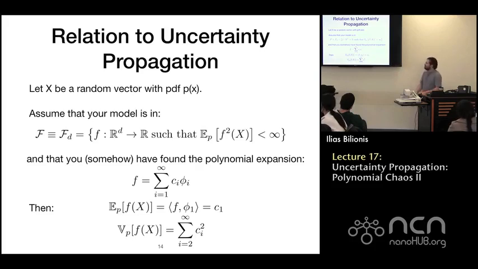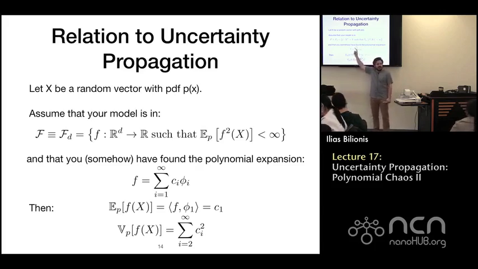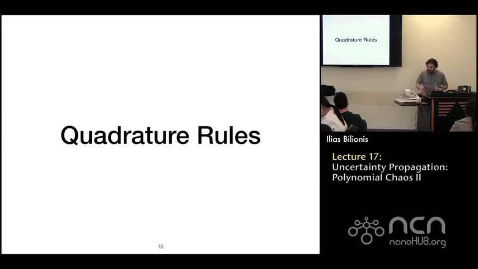So we're going to concentrate on how we find these coefficients. One of the basic things that we need to find these coefficients is doing these integrals. So let's see how we can do these integrals. It's all about quadrature rules today.